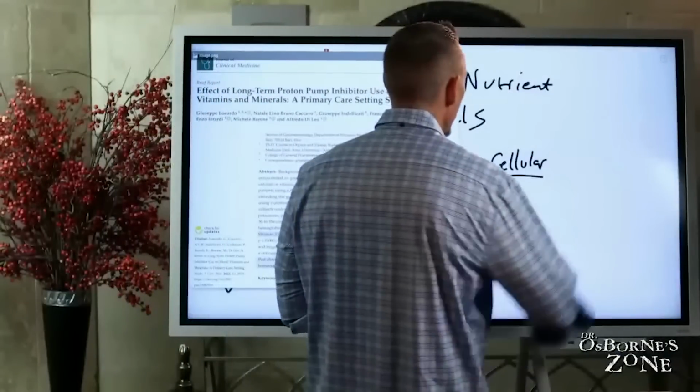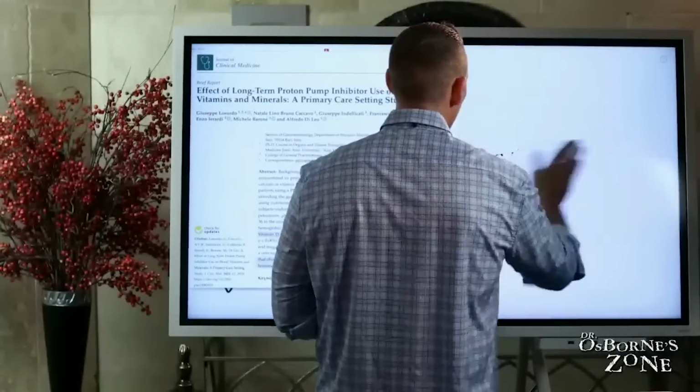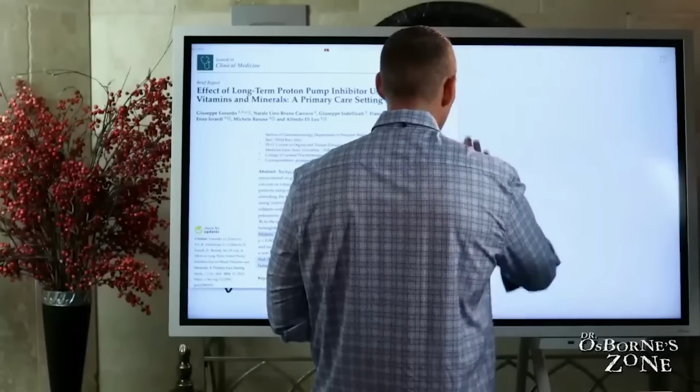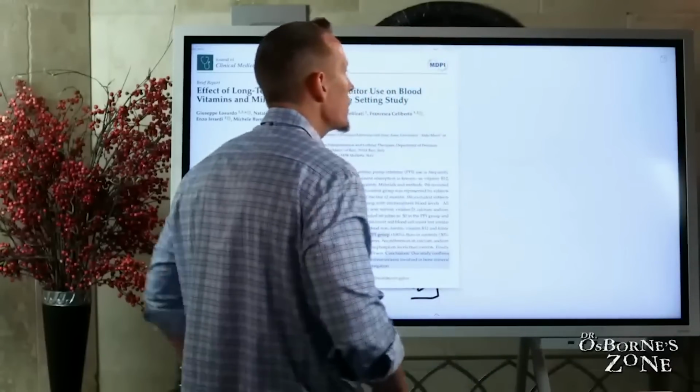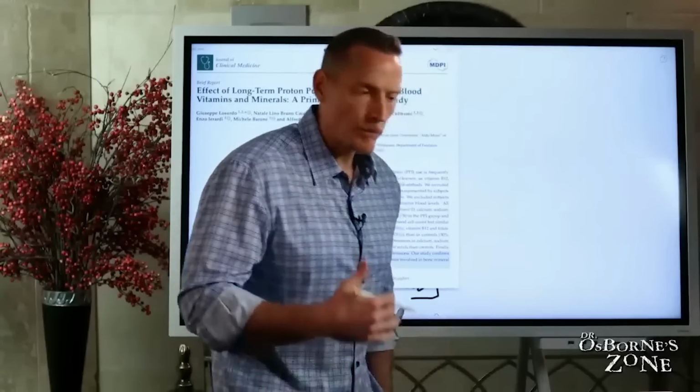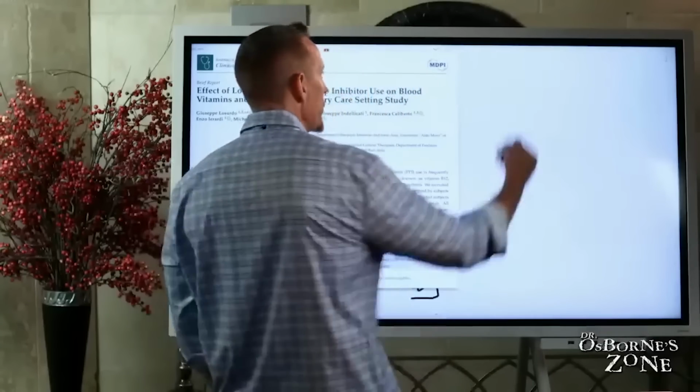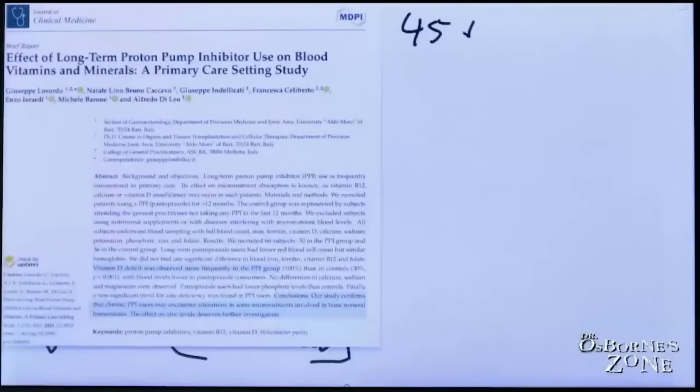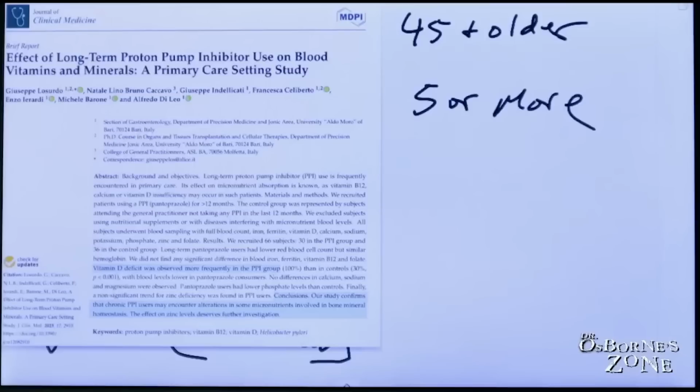So again, you take these patients that have chronic polypharmacy. They're on multiple medications and they're elderly. Because this is what we see: 45 and older are on 5 or more meds on average, and we're talking about US numbers.